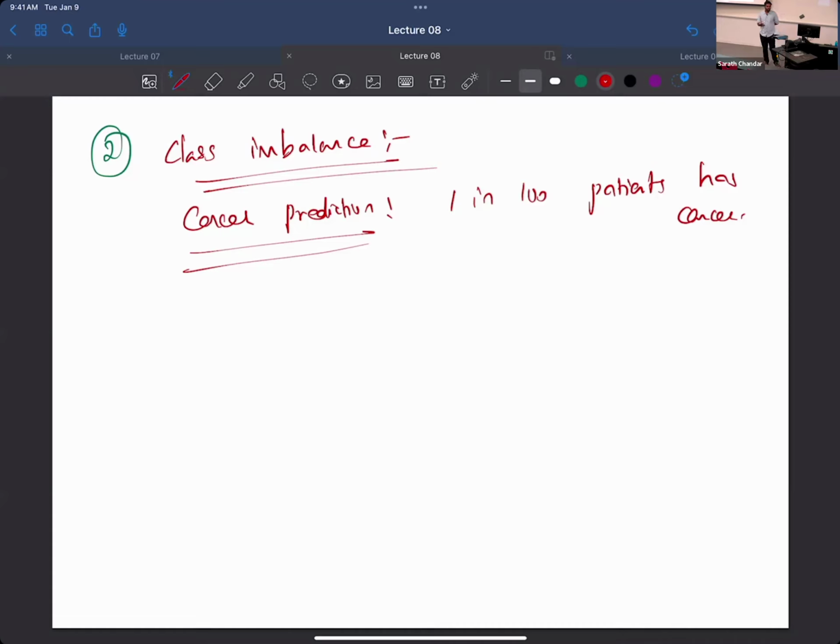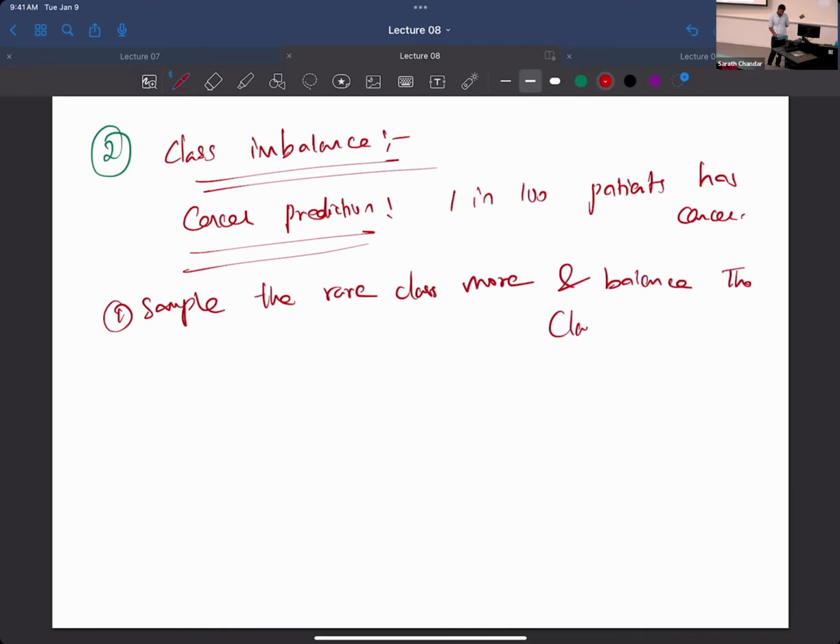The other way to do this is to sample more positive examples and sample less negative examples. This is what people say when they say we're balancing the class distribution. So we are going to sample the rare class more and balance the class distribution.